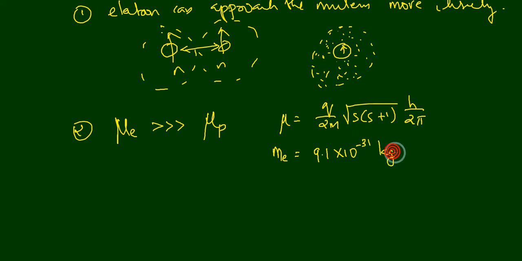So I can write it almost, instead of 9.1, I can write 10. It is almost equal to 10 into 10 raised to minus 31 kilogram, that is equal to 10 raised to minus 30 kilogram. That's the mass of an electron, approximately.